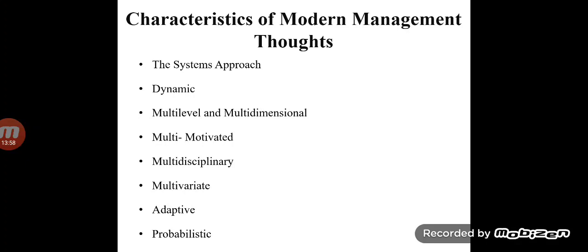Okay, whatever definitions we have learned, like management is an art of getting things done by others, it is also the definition of modern management. There is no vast difference between the traditional definition and the modern management definition, but the thought is different. In a traditional way, management is nothing but focusing on achieving the goal.